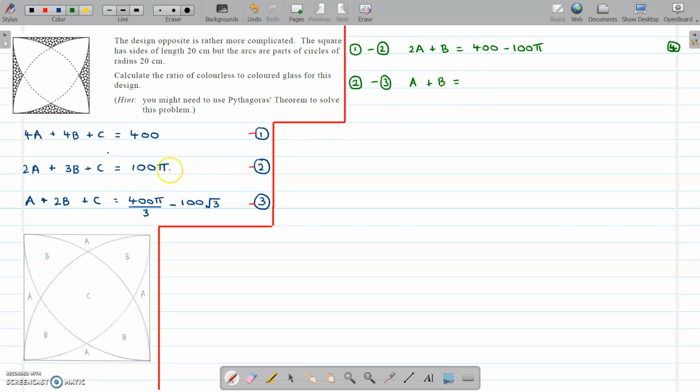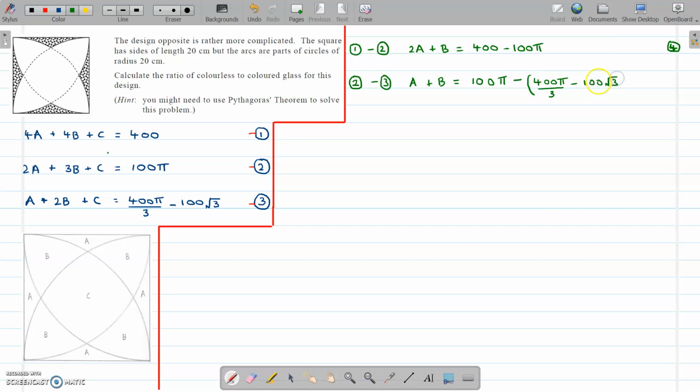So that gives me 100 pi, the right hand side of equation 2, and from that I've got to take away 400 pi over 3, all in brackets, minus 100 root 3.